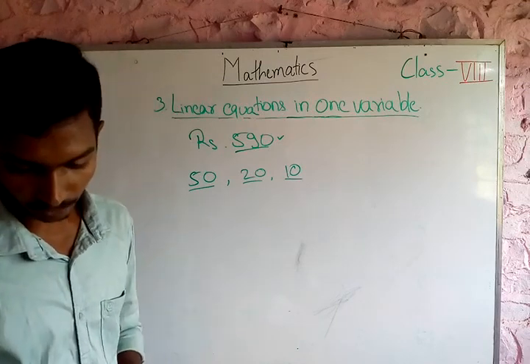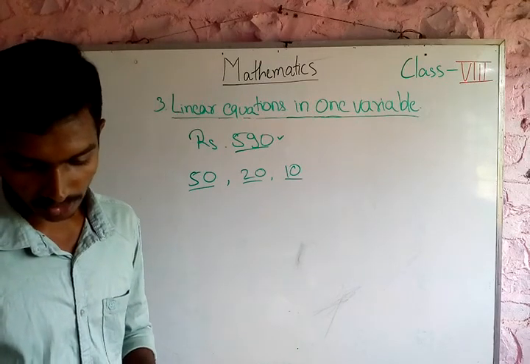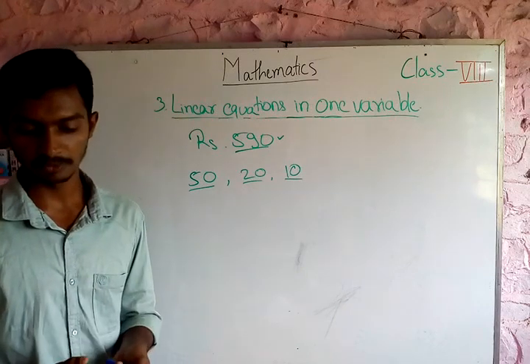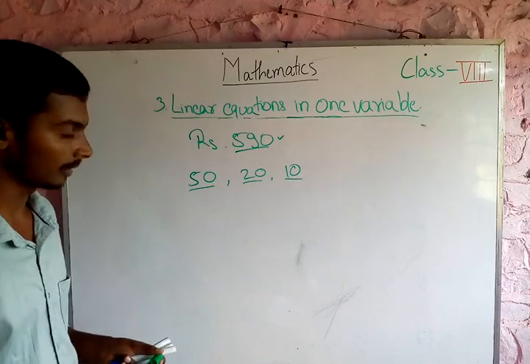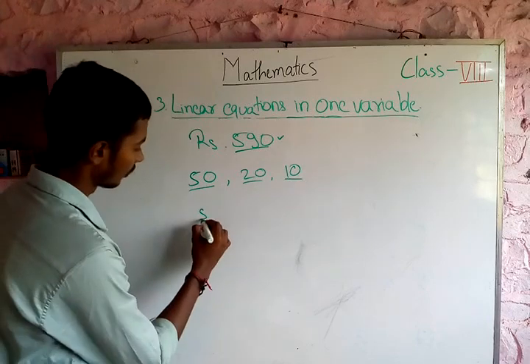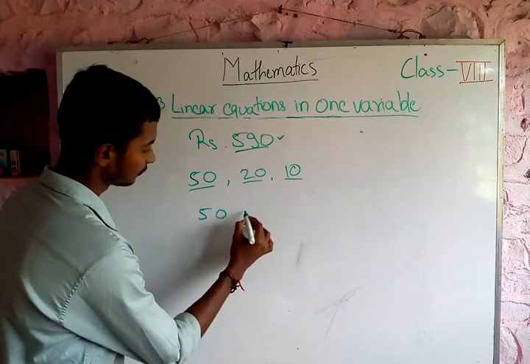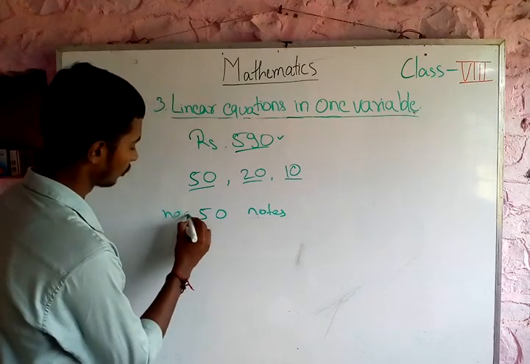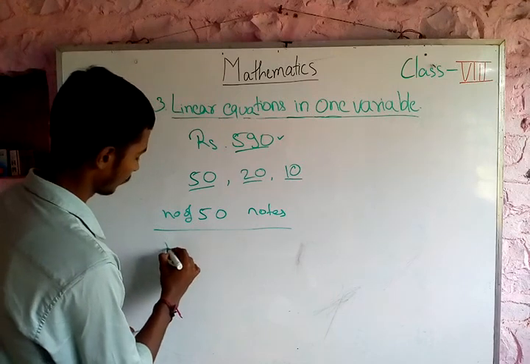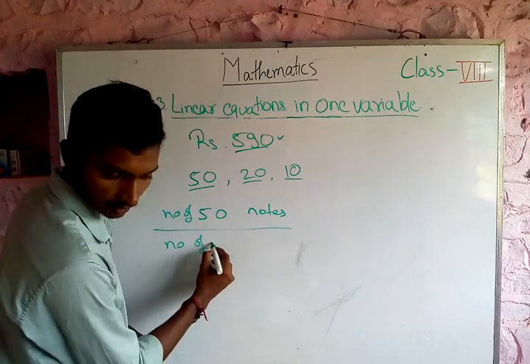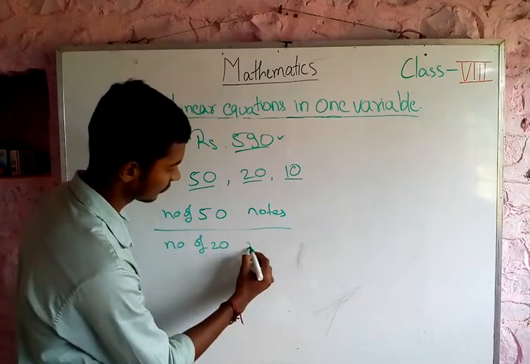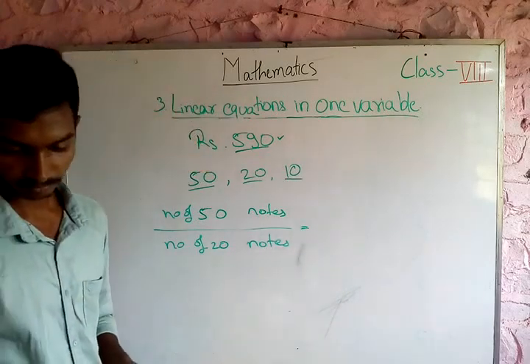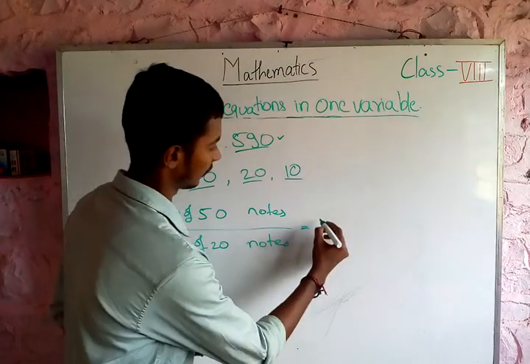The conditions given are that the ratio of the number of 50 rupee notes to the number of 20 rupee notes is 3 by 5.